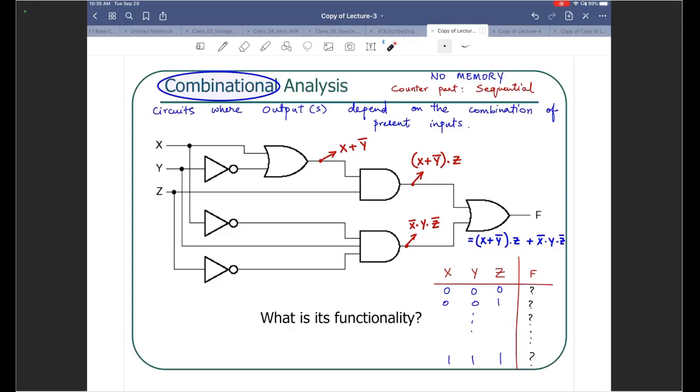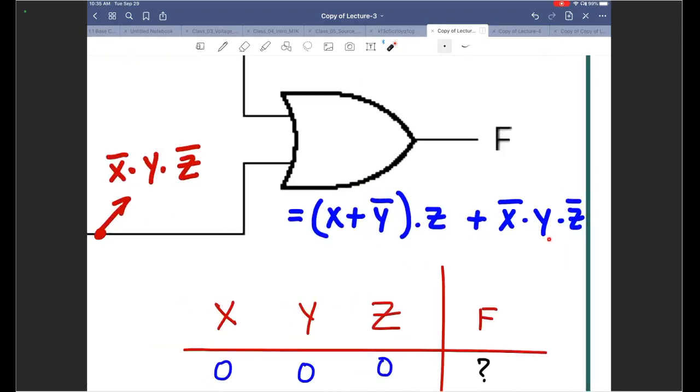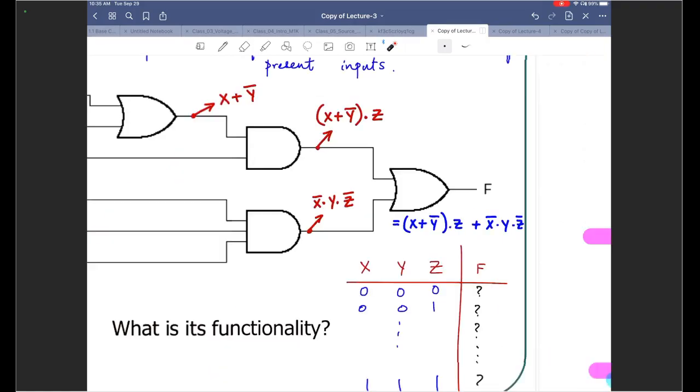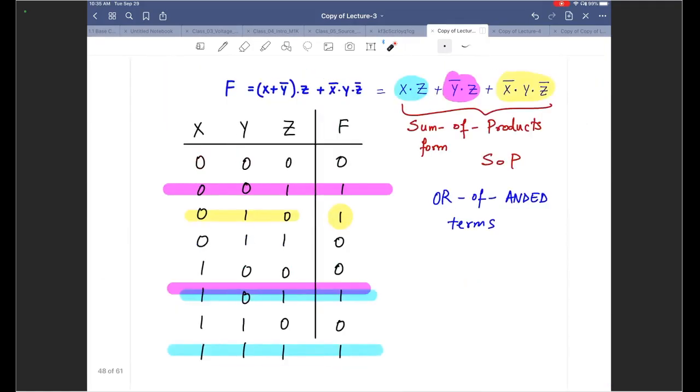Now, clearly, this particular expression is not in a very standard form. So we are going to try to manipulate this in such a way that we represent it in a standard form. I'm going to go to the next page, and this is what we did earlier, where we said, this is the expression for F from the previous diagram, and then we distributed all the terms to write that function out as a sum of products expression, SOP.